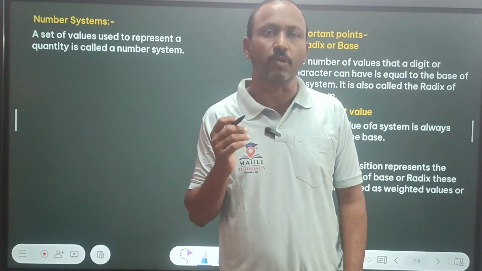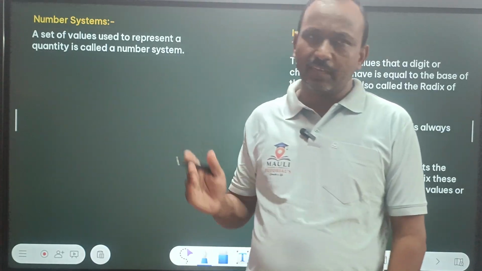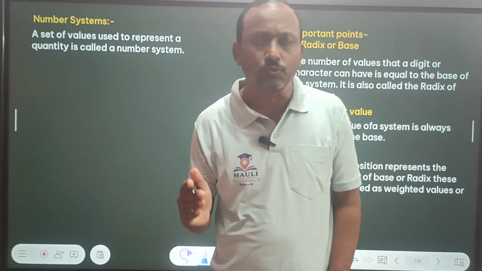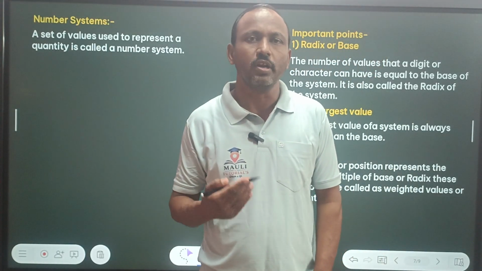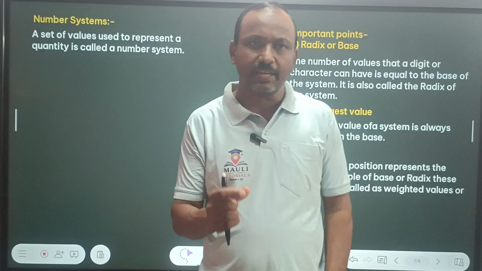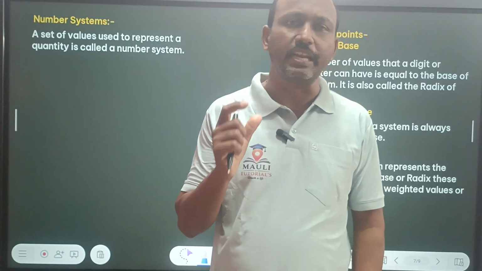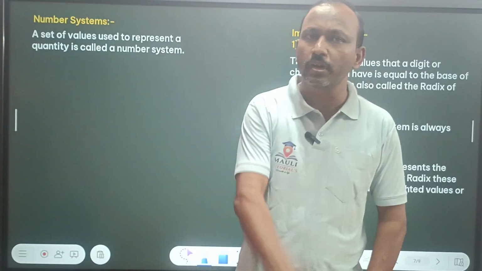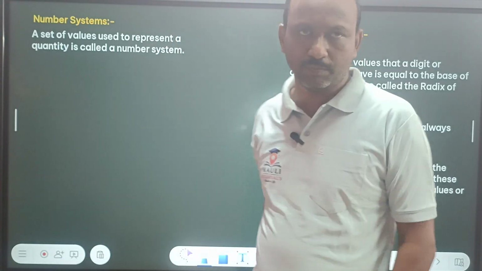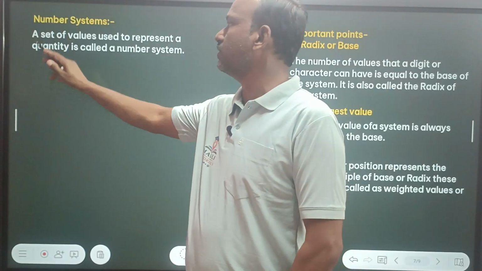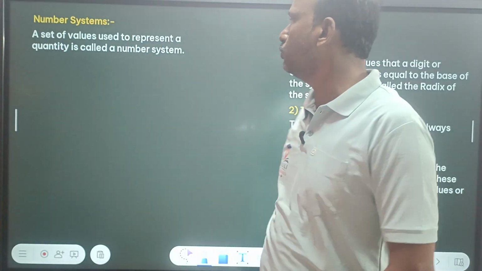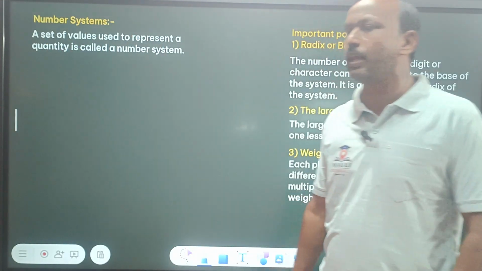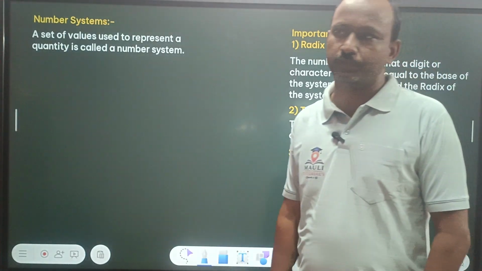A system of numbers, a set of values which can be used to represent a quantity or a character. A character or a quantity can be represented by using a group of numbers. That group of numbers is called number system. This is the definition of number system. A set of values used to represent a quantity is called number system.